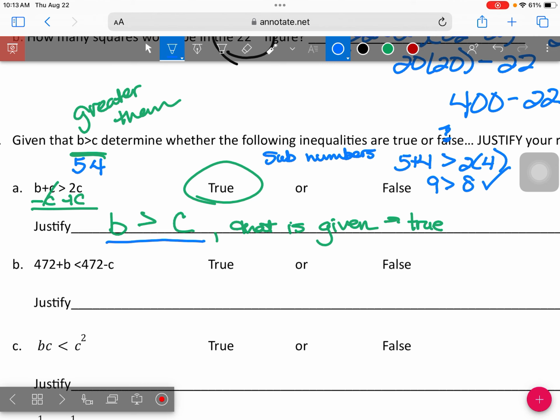But let's use some negatives and some zeros. Maybe I say B is 0 and C is negative 1. So is 0 plus negative 1, is that greater than 2 times negative 1? Negative 1 is greater than negative 2. Yes. So you can substitute some numbers.